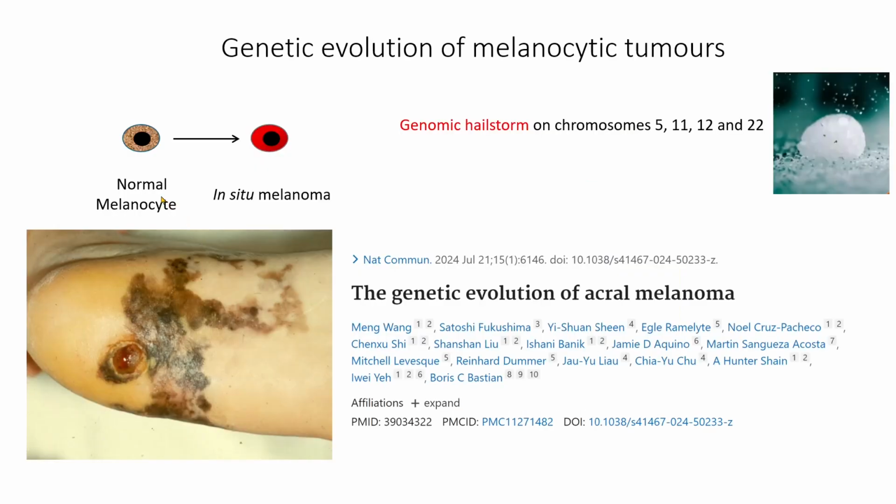But we know that not all melanomas arise from a nevus, and there is sometimes a direct transformation from a normal melanocyte to an in situ melanoma. And there is some theory which is called genomic hailstorm that has been described for acral melanomas.